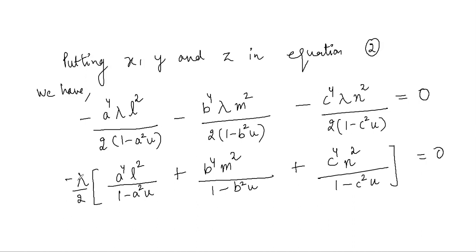Now here lambda is Lagrange's multiplier and hence it is non-zero. So this is only possible if this expression which is written within the bracket is 0. So here lambda is not equal to 0.